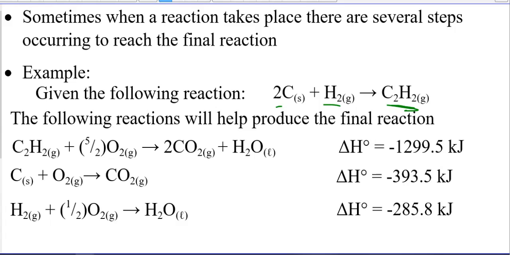We know that the formation of carbon dioxide will also release 393.5 kilojoules of energy per mole, of course. And the formation of water, in the liquid state, will produce 285.8 kilojoules of energy released into the atmosphere.